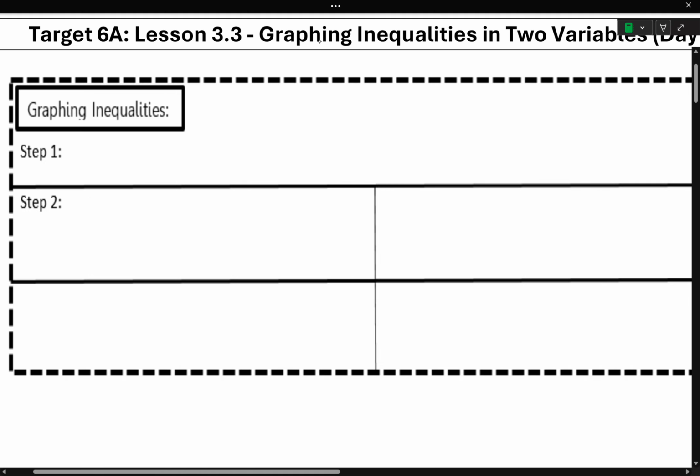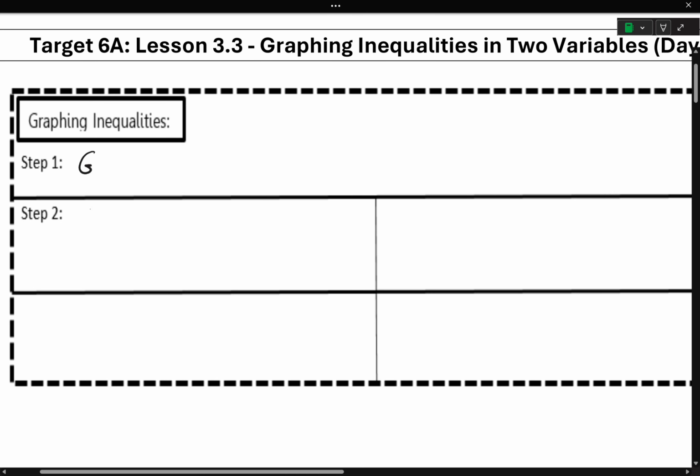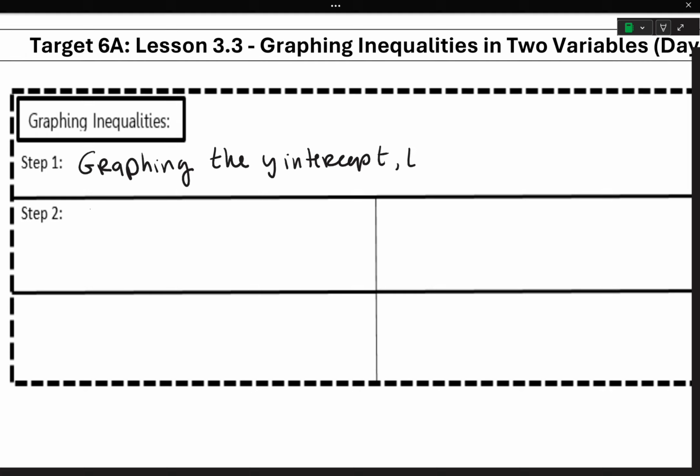The first step to graphing an inequality is the same as graphing a regular line. We start by graphing the y-intercept, then a second point using the slope.